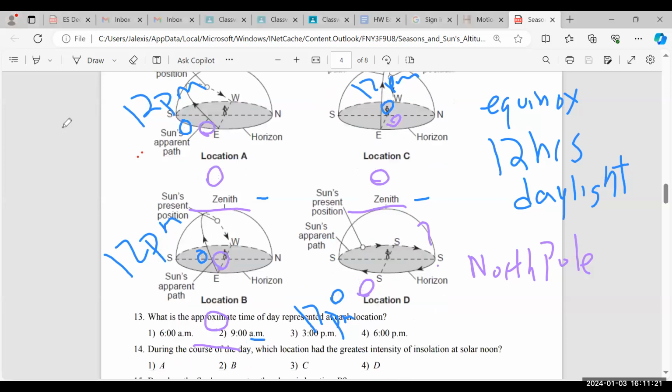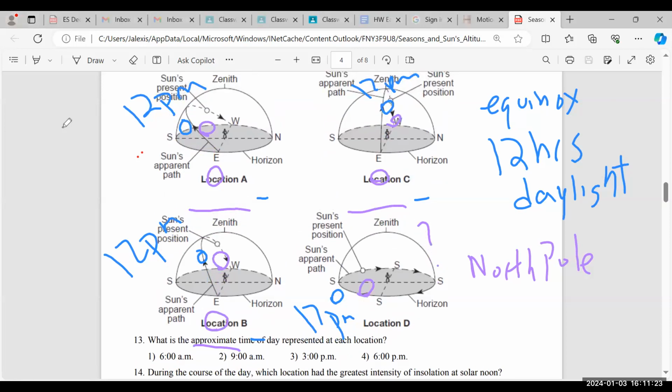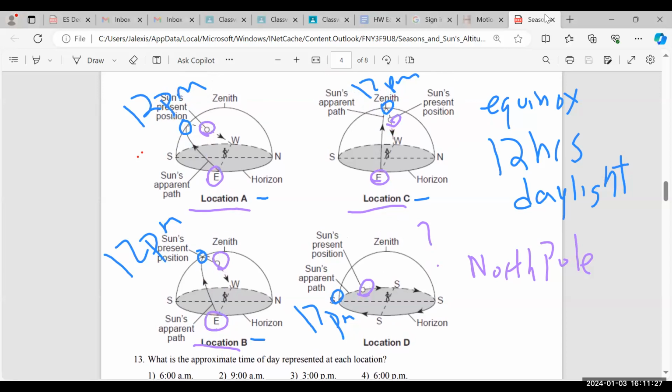So automatically, I can definitely cross out 6 a.m. and 9 a.m. At 6 p.m., I know that the sun should be setting during the equinox date.